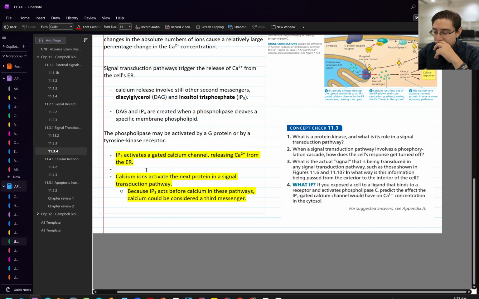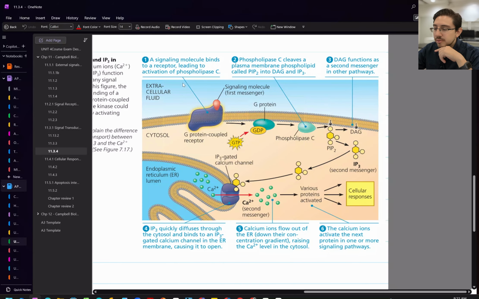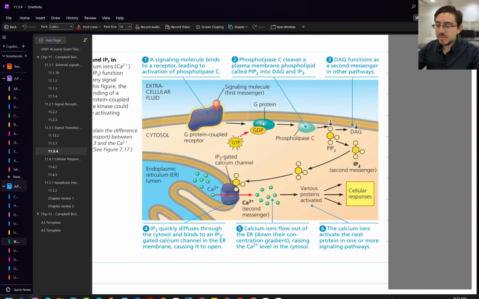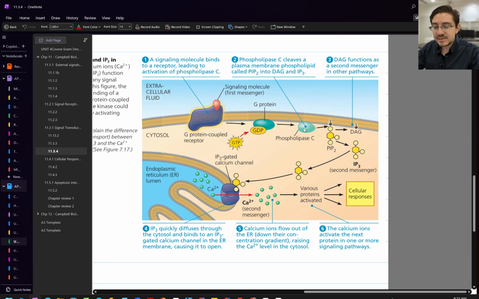You have a G protein coupled receptor, followed by some ligand coming in that will activate this receptor. This receptor, of course, you guys know, will activate a G protein. This G protein will get that GTP onto itself and activate an enzyme.